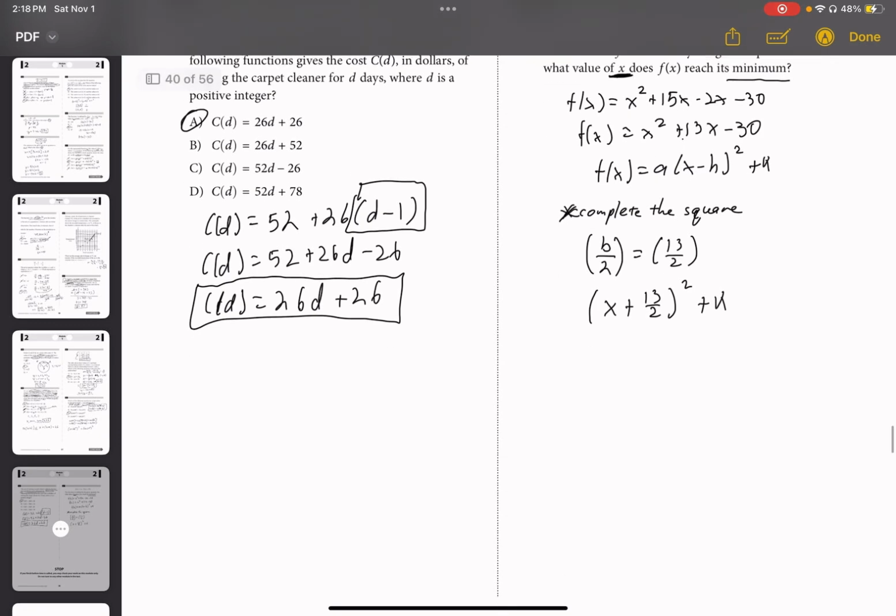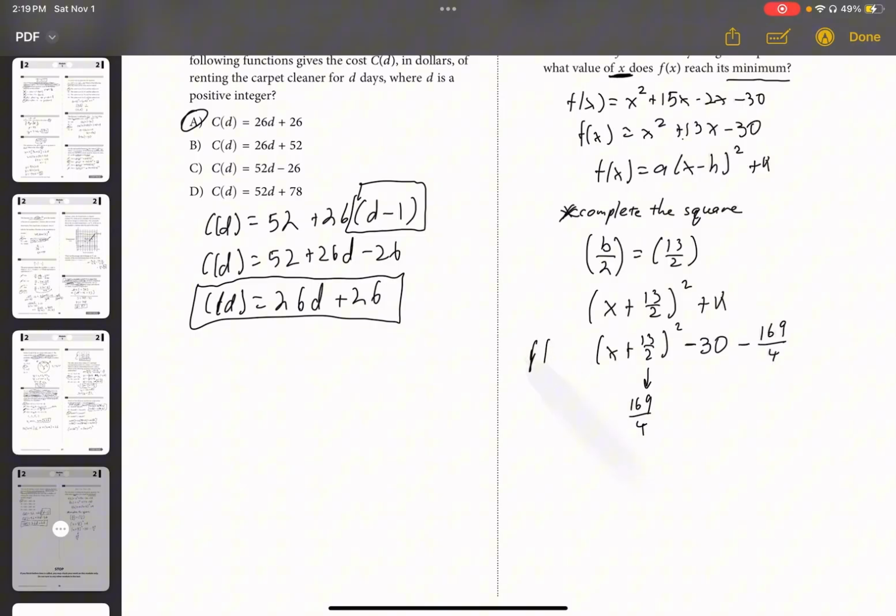In this situation, k is going to be negative 30, but we have to consider that when we distribute this, we're going to get another value in addition to that, and that value is going to be 169 over 4. So we have to subtract this from the outside as well. Otherwise, we are not balancing the equation.